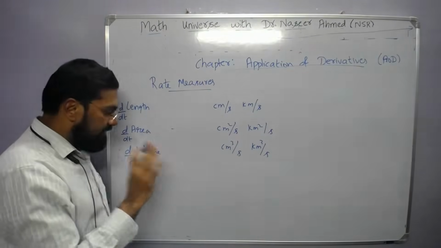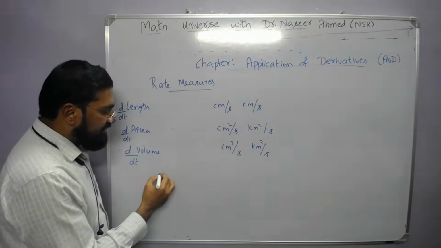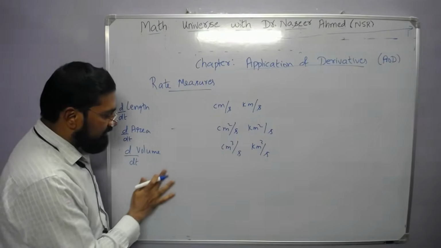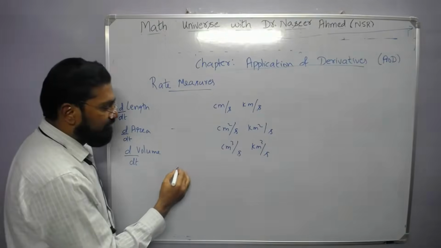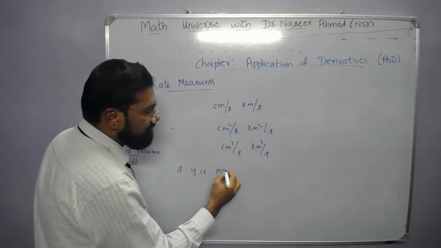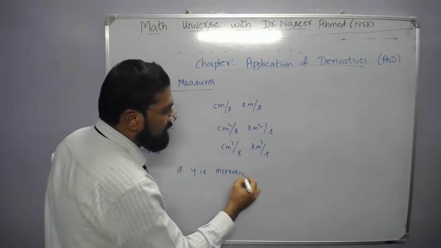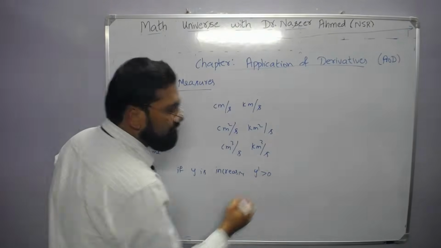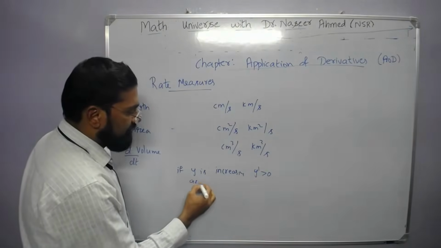We should understand that if y is increasing, let us suppose that I have a quantity, if y is increasing, the derivative will be positive as x is increasing. That's important.